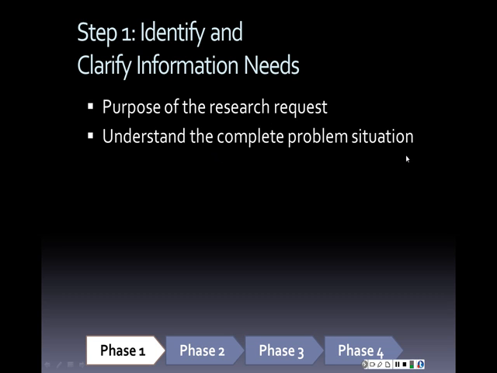Maybe part of understanding the complete problem situation is seeing that grill sales are down overall. Maybe people instead are migrating back into the kitchen for their summer cooking. All of that background is going to help you in coming up with the right research questions to address.